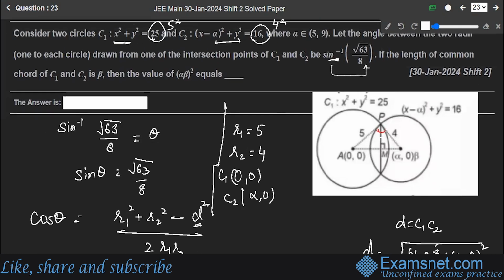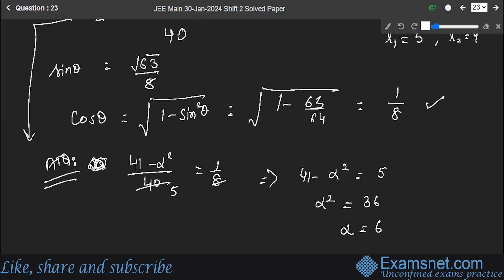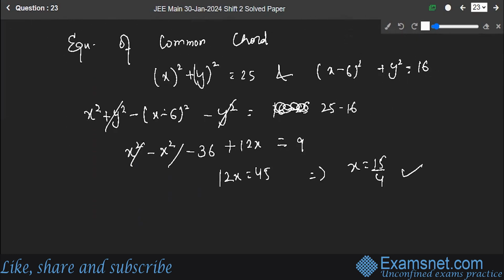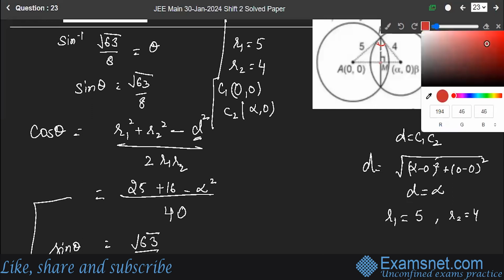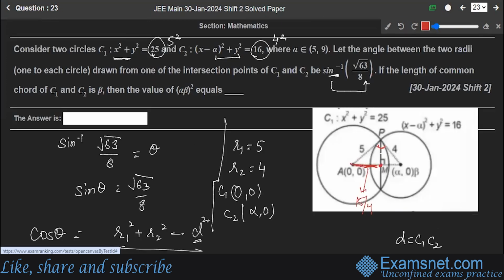So that means your AM will be equal to 15 by 4. If I look at over here, this point will be 15 by 4. That means your AM length is going to be 15 by 4. Simple as that. Okay. Now let's apply the Pythagoras theorem. I have AM, I know the value of AP, I can find out the value of PM.